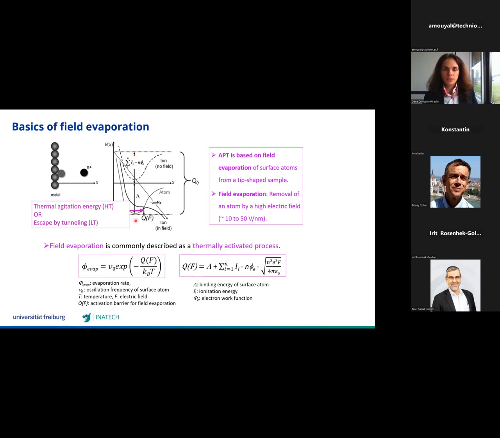This would be basically the binding energy of the surface atom, the ionization energy, minus the field that has been applied, because the field, of course, strongly reduces the activation barrier for field evaporation. So we end up with this formula.